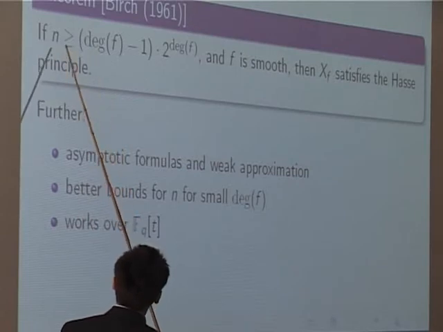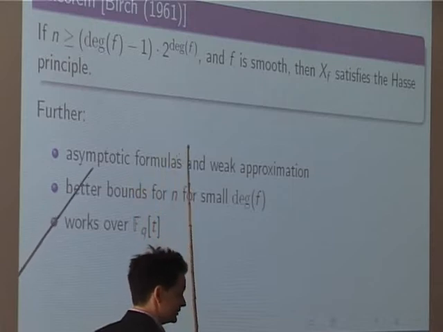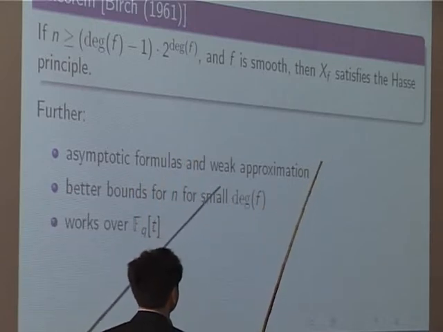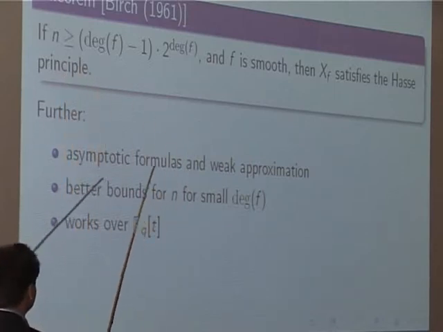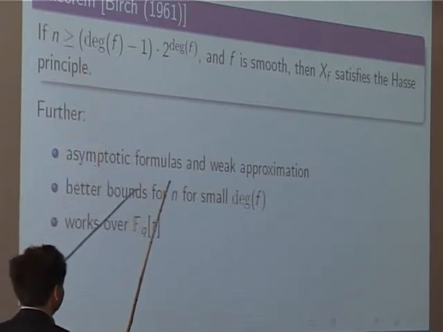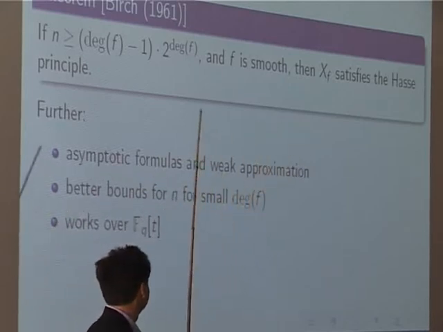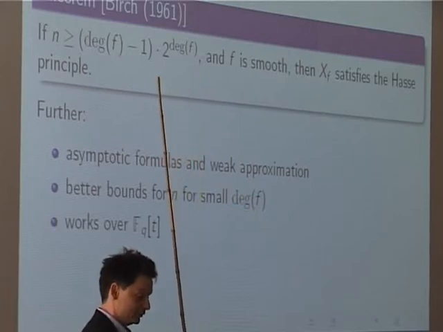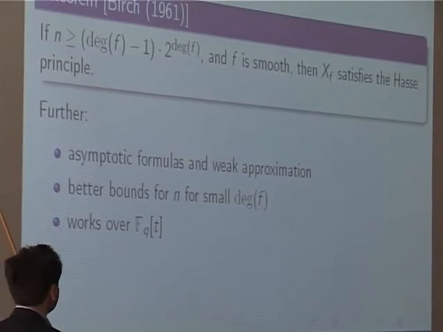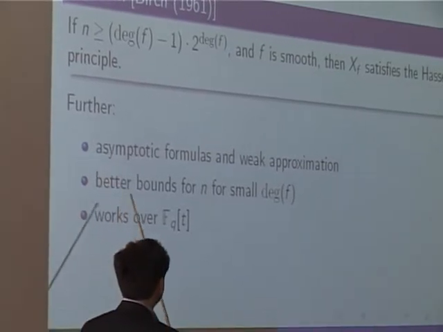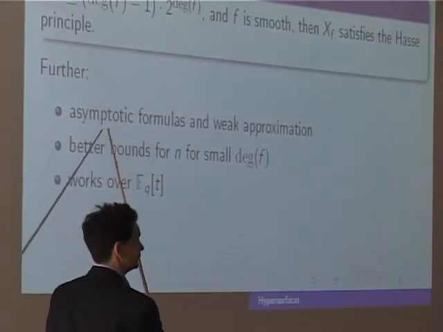But in fact, in this version, if the number of variables is large enough, you can prove not only existence of solutions, providing you have local points, but also asymptotic formulas, and also the thing we call weak approximation, that is, you can prescribe local conditions at finitely many points. The theorem I mentioned for cubic hypersurfaces in P9, by the way, doesn't give an asymptotic formula.